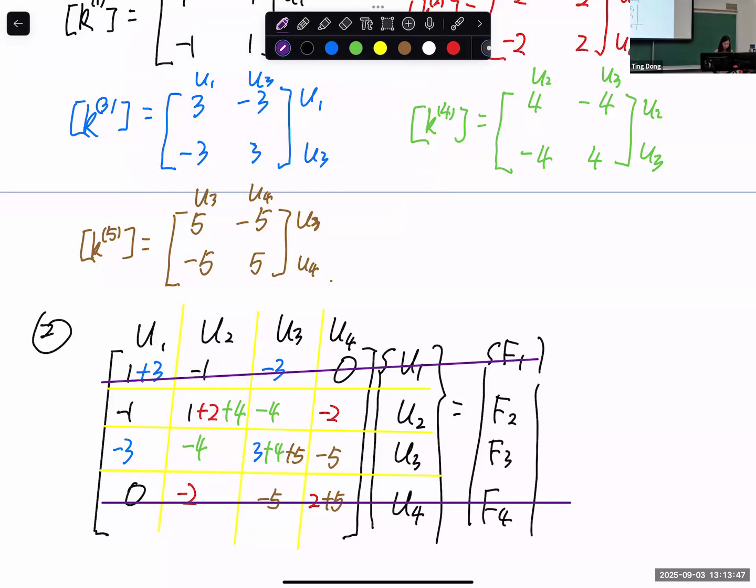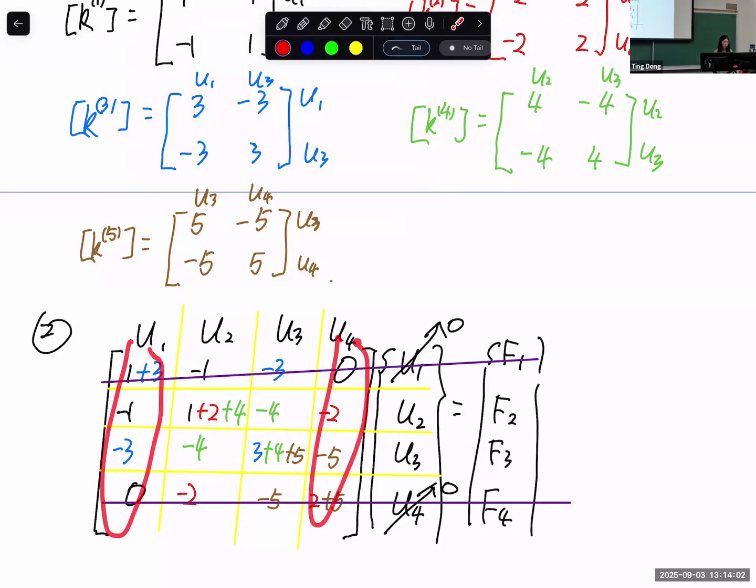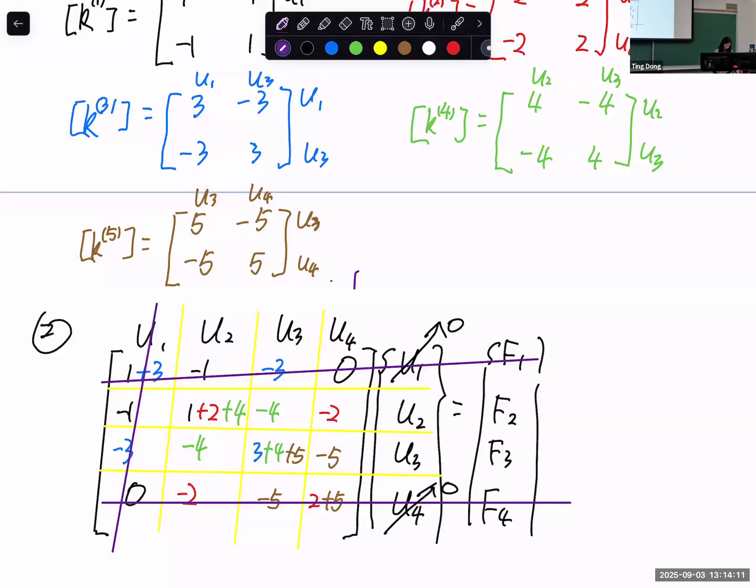And also, I talked about U1 equal to 0 and U4 equal to 0. So any value in the U1, U4 columns doesn't matter because it multiplies by 0. So we can delete this one and this one. And now it becomes a 2 by 2 matrix after applying the boundary condition.